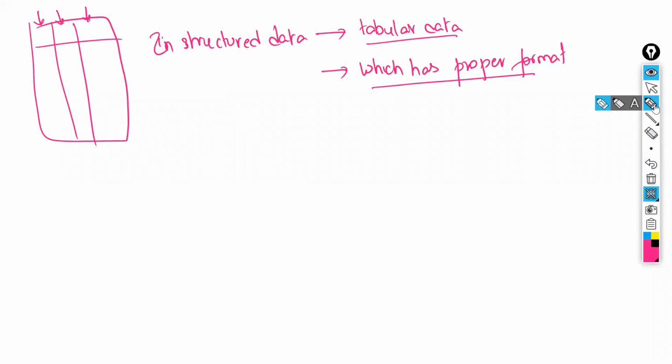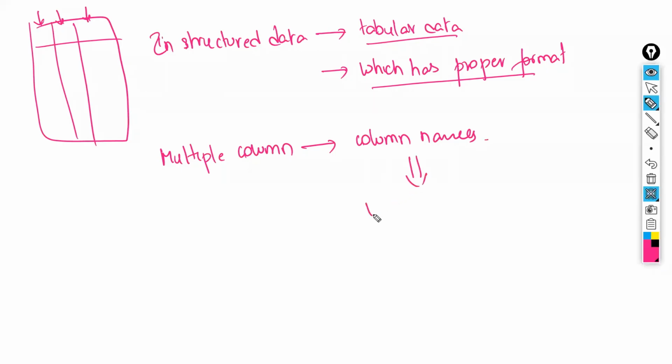Now, in the structured data, we have multiple columns, and the column names are called variables in statistics. Each column name, for example age, education, your phone number, your mail ID, is called a variable.